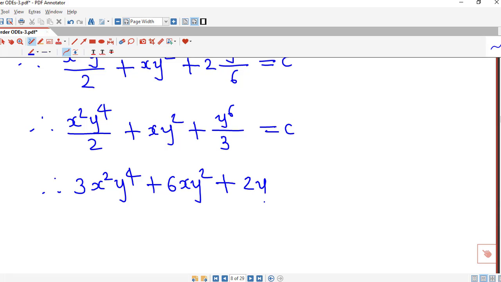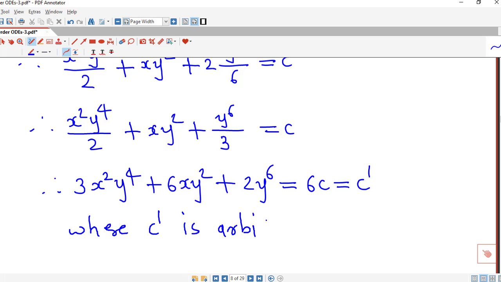Here we have to multiply with 2, equal to 6c, and 6c equal to say c dash, where c dash is an arbitrary constant. So this is the general solution of the given differential equation, which was not exact, but we made it exact by multiplying with the integrating factor.